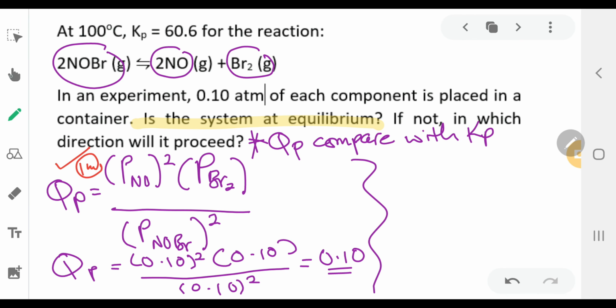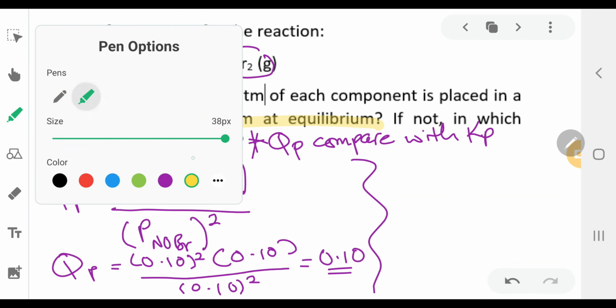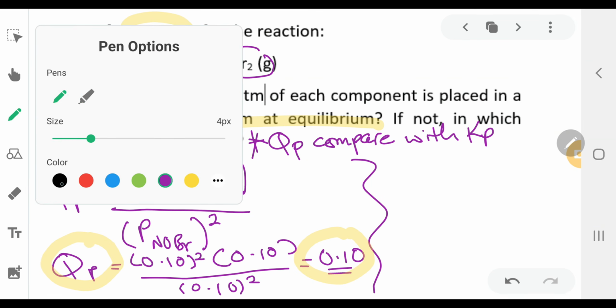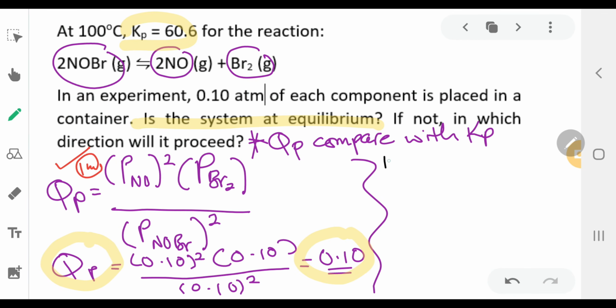Now, when we look at this value for your Qp, is it going to be bigger or smaller than the Kp? Again, we can visualize that with this range here.